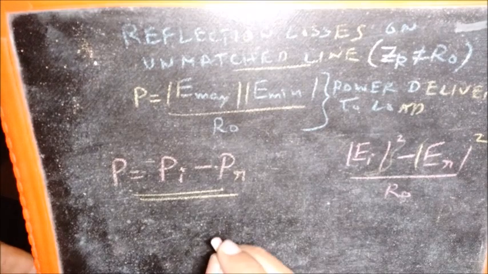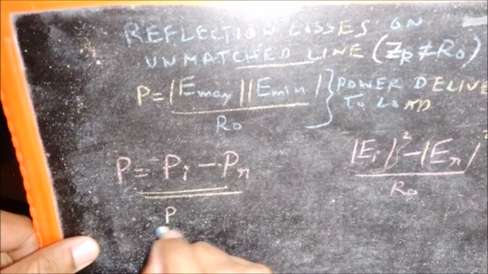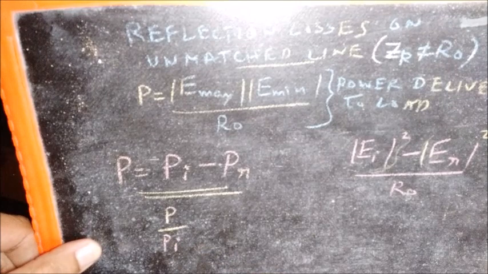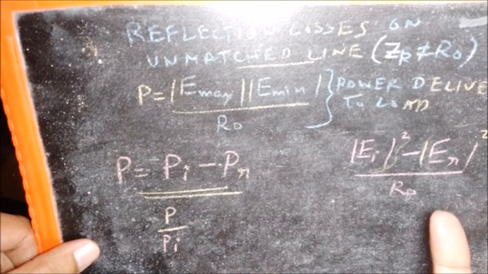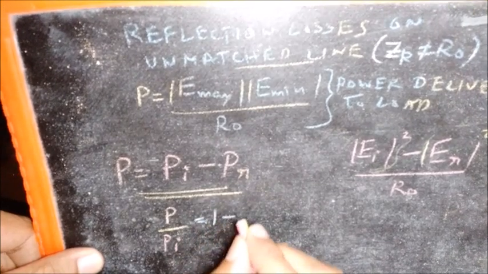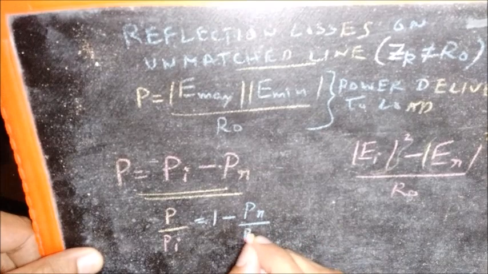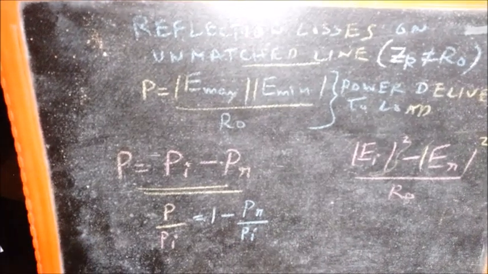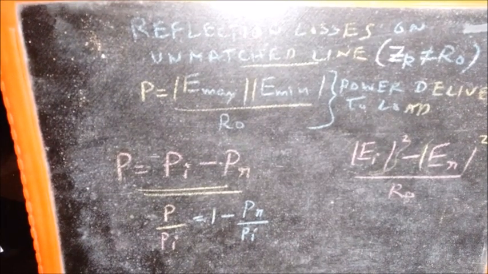Now, if you try to find out what percentage of the incident power is delivered to the load, we end up getting 1 minus PR by Pi. And as you can see, if you are to have 100% here, PR has to be 0.